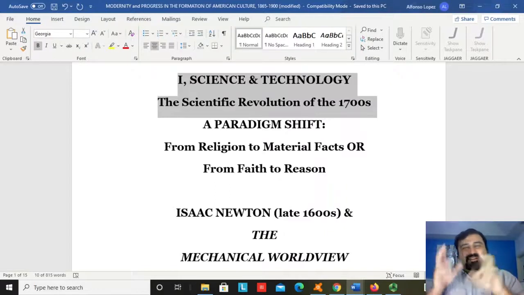In other words, many of the scientists believed in the 1700s that when God created the world, he created it like a machine, just like a machine. The machine is programmed to function and operate in a specific way, and God pretty much left the world to operate on its own based on certain laws, the laws of nature.